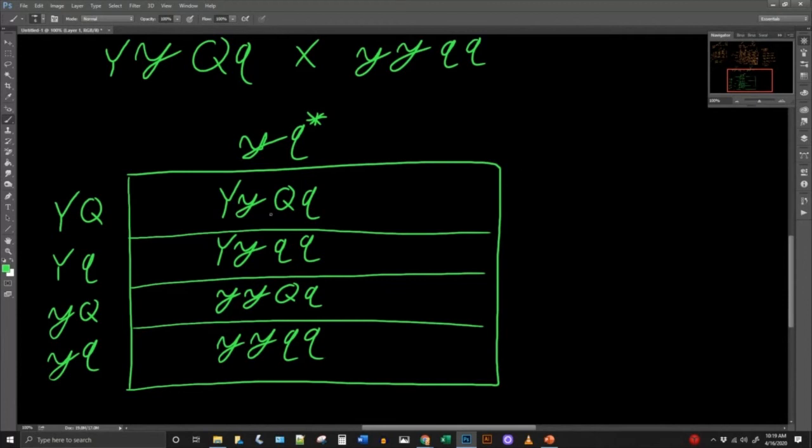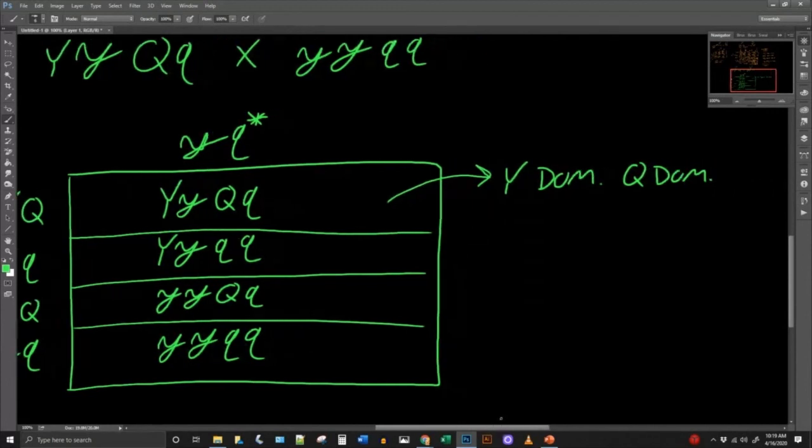Now, what are the phenotypes of these organisms? I didn't write out what these genes actually represent, but it's just an example, so I'll just say that this one is Y dominant and Q dominant. Whatever trait is coded for here, it's getting both dominant traits in this case.